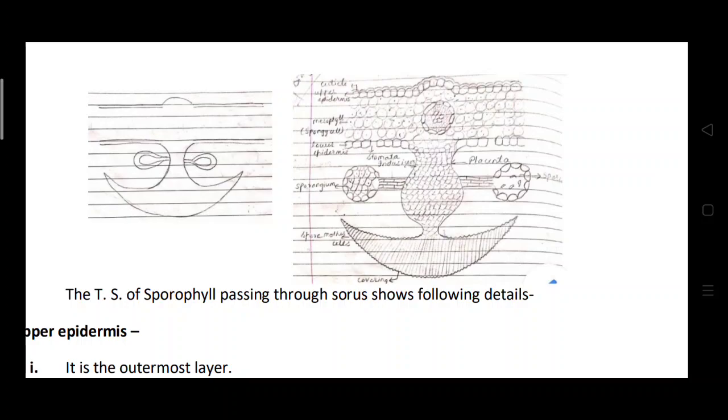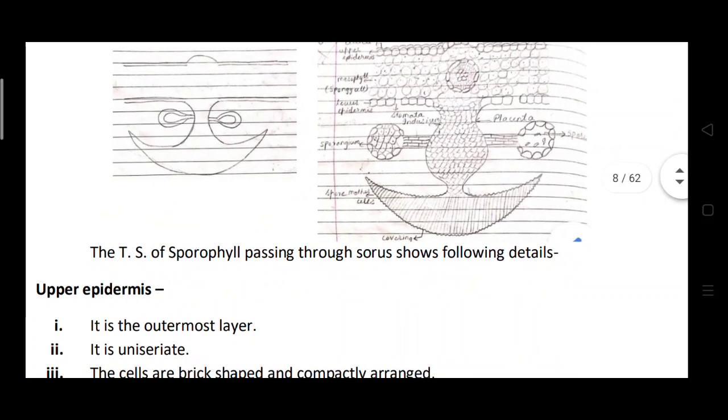Here something is labeled like spore mother cells, but you should not write it like that. Spore mother cells are present in the sporangium. Sporangium में spore mother cells are present there. The spore mother cells develop the spores.